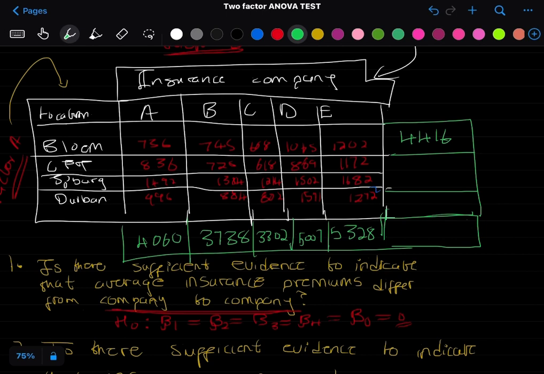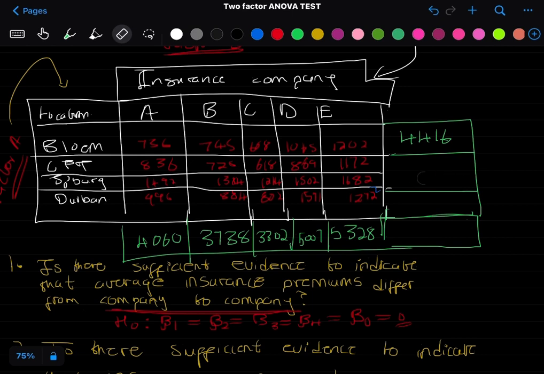Mm, 836 plus 725 plus 618 plus 869 plus 1172, which would be 4220.